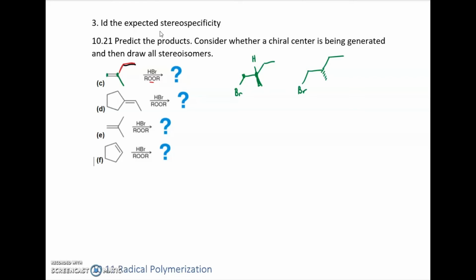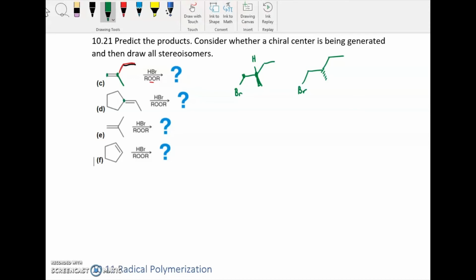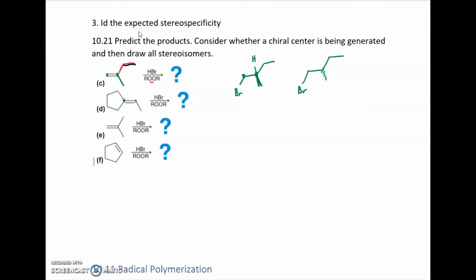So let's look at the next one. We're going to add hydrogen to the green position, and we're going to add a bromine to our less substituted pink position. So let's draw the hated five-sided figure. And the hydrogen goes on the more substituted, and the bromine goes on the less substituted. And now we need to look at this and see whether we have made a chiral center.